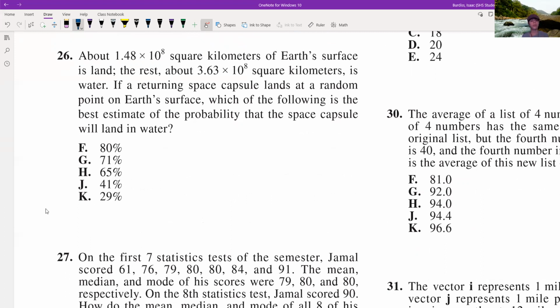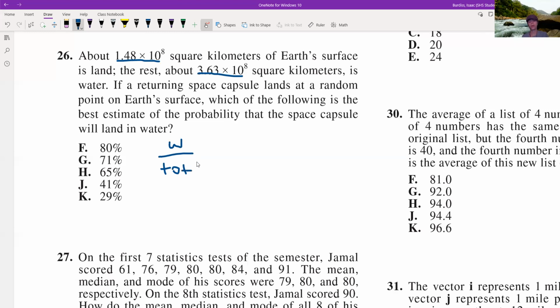Okay, so this is the Earth's surface. This amount of the Earth's surface is land. This amount is water. If a space thing lands on any random point, what is the probability that it will land on water? So water over total, that is what we're looking for because that's probability.